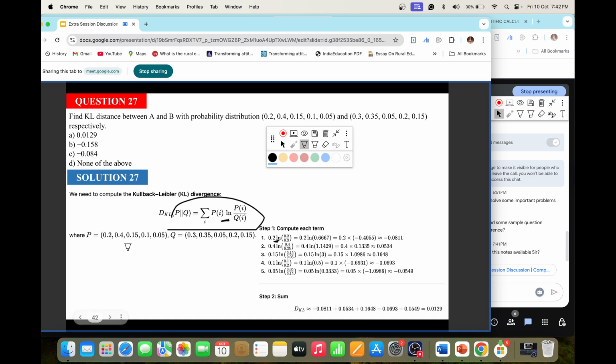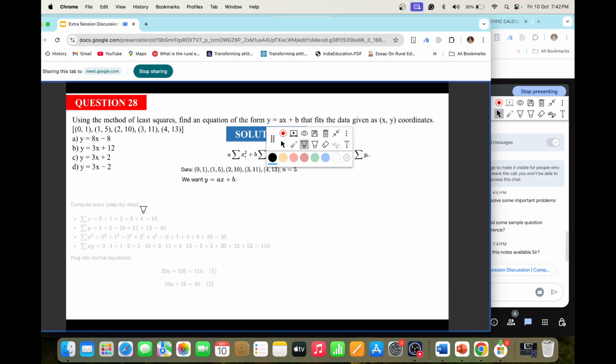That is P3, and similarly P4Q4 and P5Q5. Every value is given. Just put them in this formula and you can get the answer. Very important, very easy question, but you have to memorize this formula for KL divergence. Please go through this.